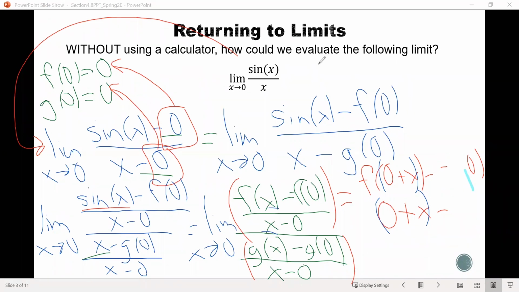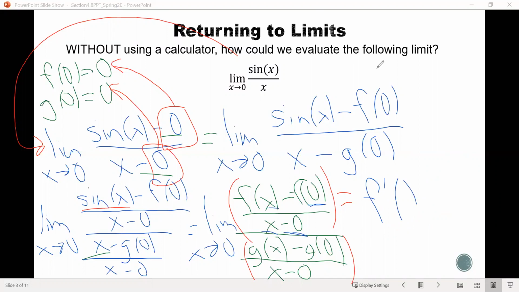And so what that tells us then is that this top limit, using the f's there, is equal to the derivative of f. And because we have these f's of 0 and 0 here, it's actually the derivative of f evaluated at 0.